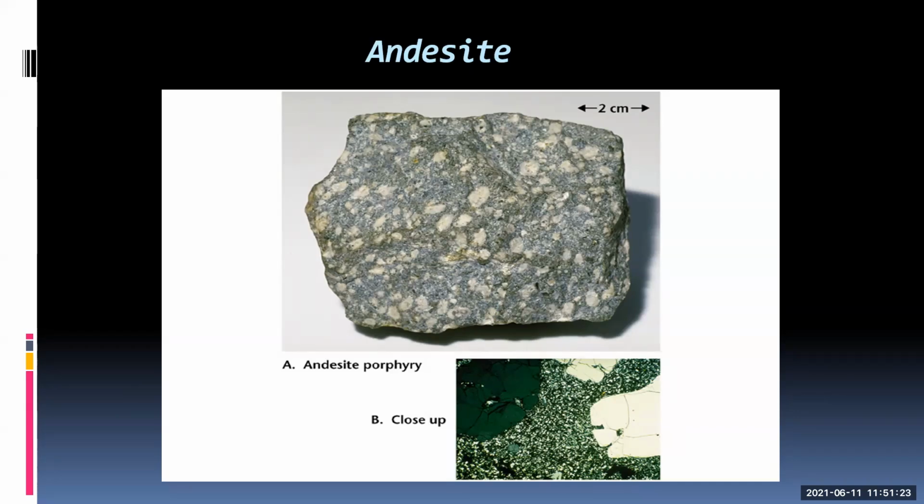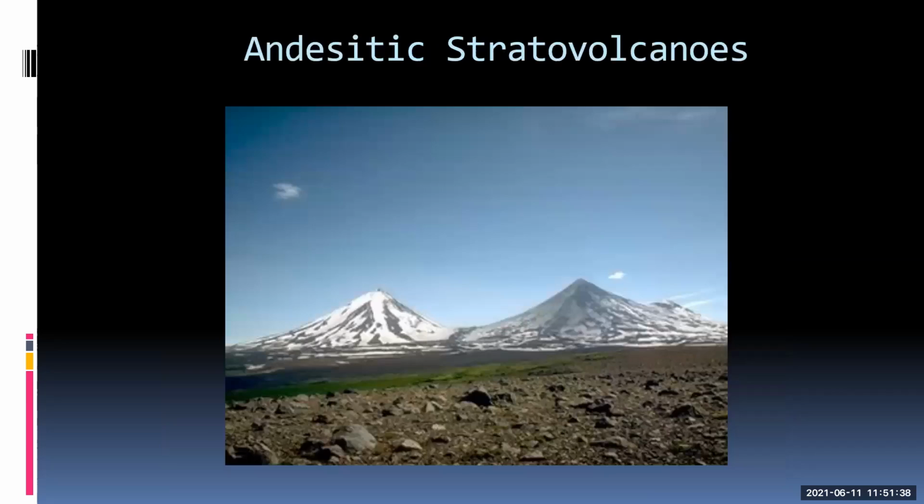Those are plagioclase feldspar crystals, again indicating that two-stage cooling that we mentioned for these porphyritic rocks. That name, andesite, speaks to there being a lot of this stuff in the Andes Mountains, associated with what are called andesitic stratovolcanoes, big volcanoes there, in the western portion of South America.